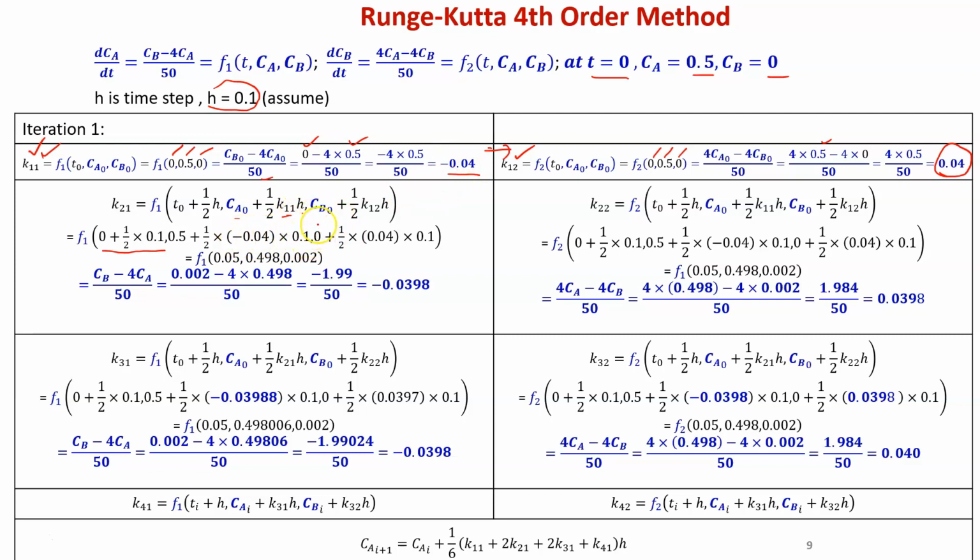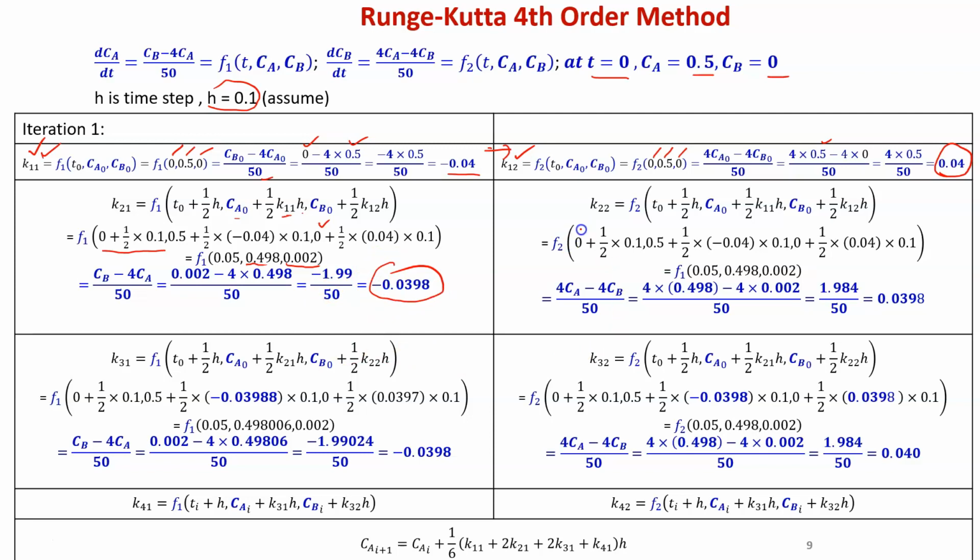And CB0 is 0 plus half into K12, already calculated 0.04, into 0.1. Now we get the function of 0.05, 0.498 and 0.002. Now we have the equation (CB minus 4 CA) by 50. So we put CB as 0.002 minus 4 into CA, which here is 0.498, by 50. If we do the calculation, ultimately we will get K21 as minus 0.0398.